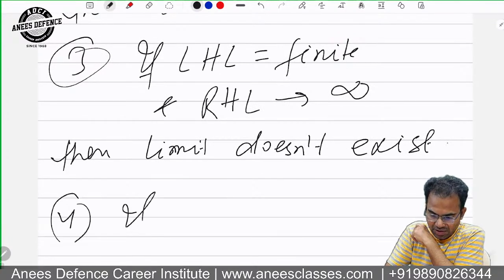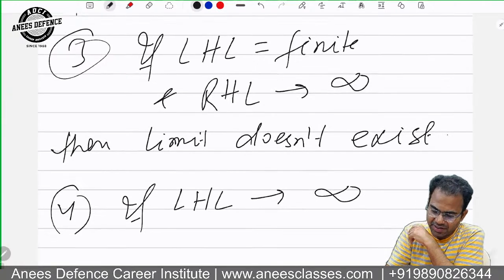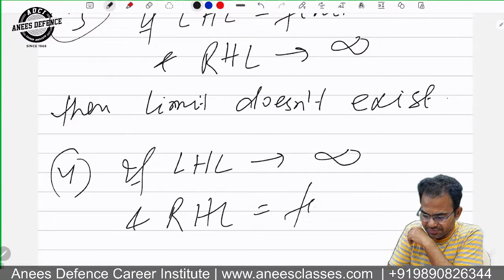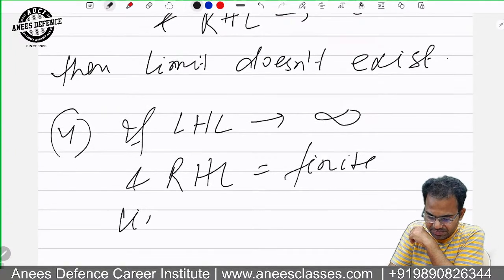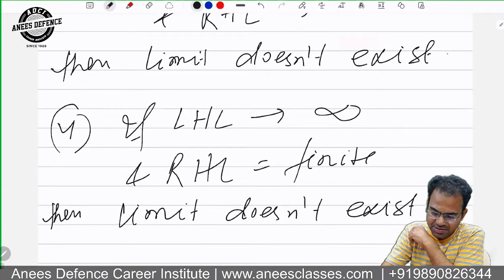Fourth, if LHL tends to infinity and RHL is finite, the limit does not exist.